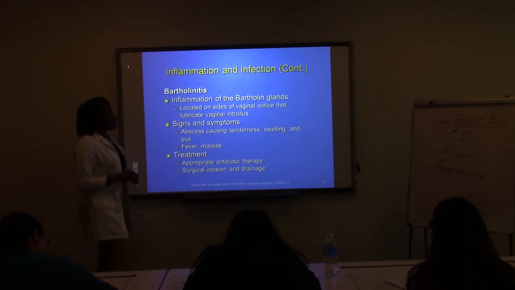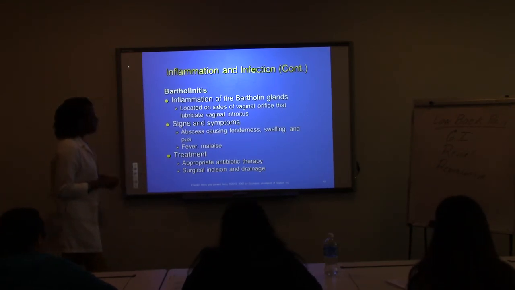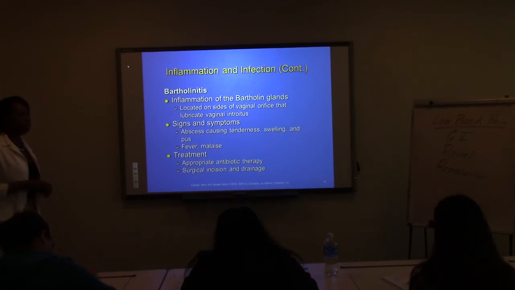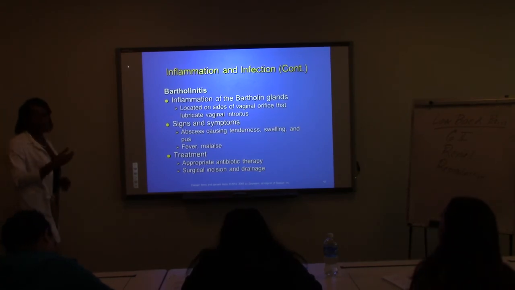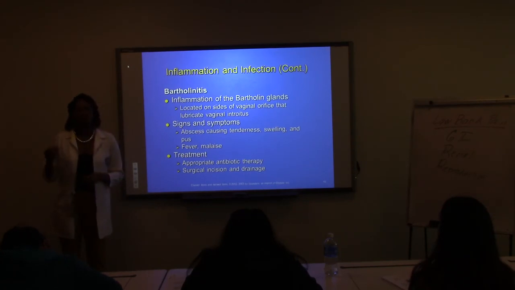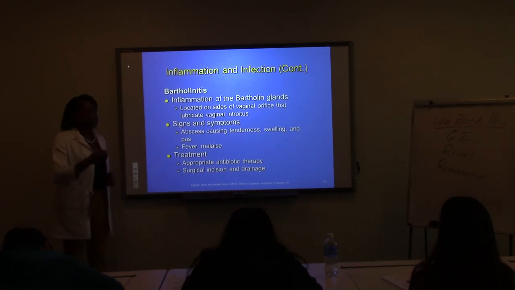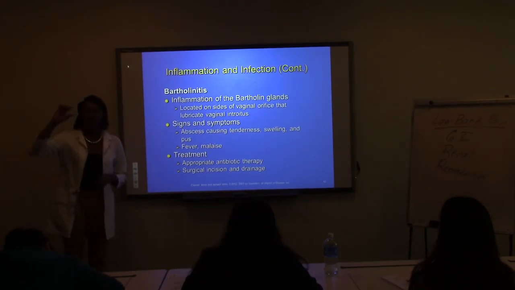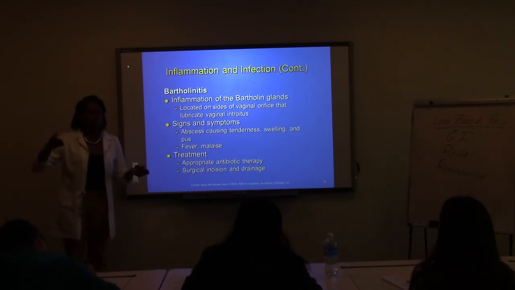The next one we have here is bartholinitis. I don't know how common this is. I know vulvovaginitis is more common, but this one is, I think, also quite common. This is inflammation of the Bartholin glands. These glands are located inside the vagina, and they secrete a lubrication for the vagina as well as for sexual intercourse.